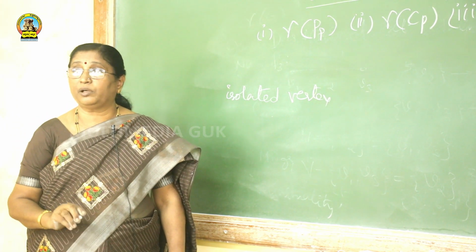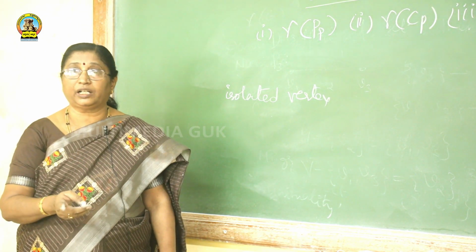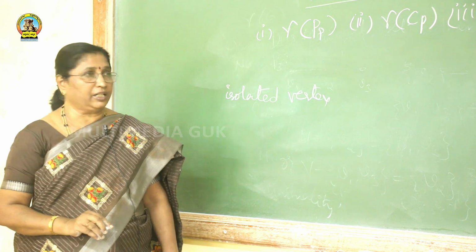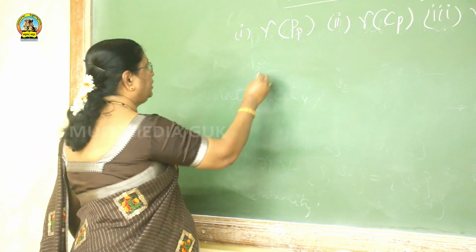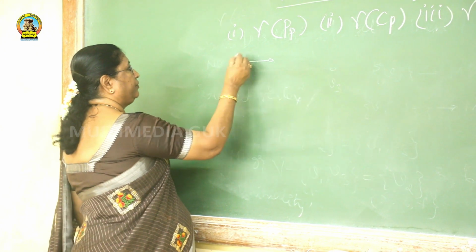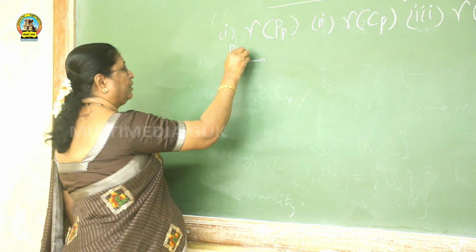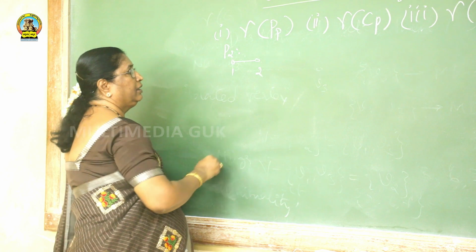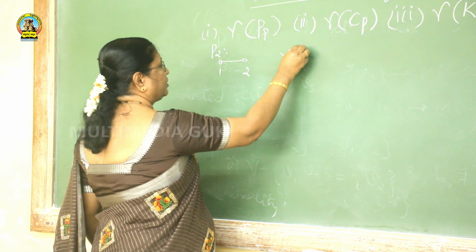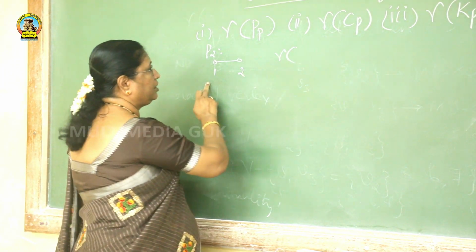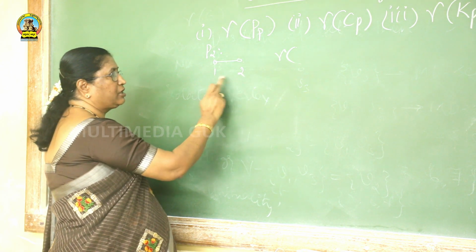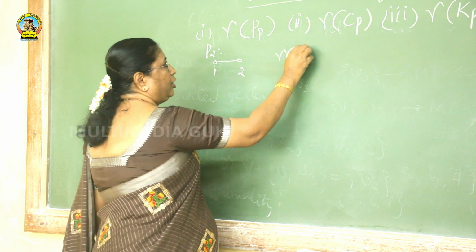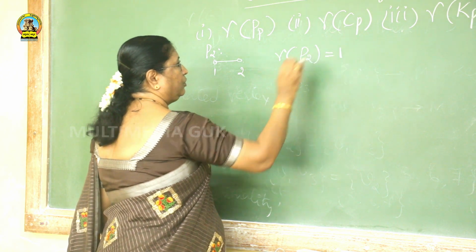So the domination number 1 is added if the graph is containing an isolated vertex. We'll begin with P2. The domination number is, whereas you have got the two vertices, they are dominating each other. The domination number of P2 is equal to 1.